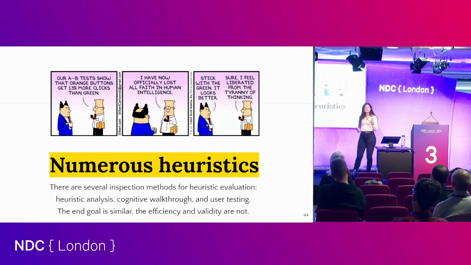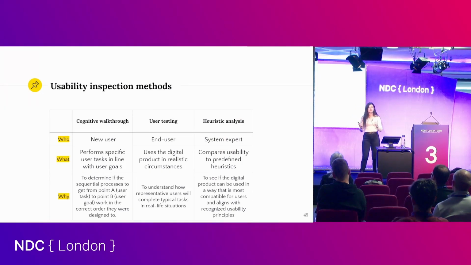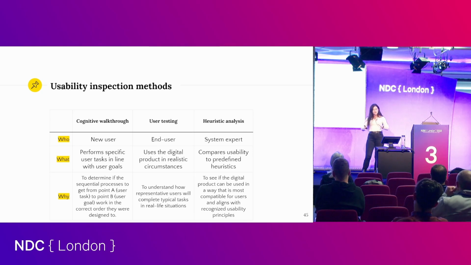Okay, so heuristics. Heuristics is making decisions with information that we already have. And although there are numerous heuristics and numerous ways for evaluations, we are only going to check here today the last column, heuristic analysis, because this is the easier, and we have a specific set of rules, and if we follow these rules, then we guarantee we'll have a better product.